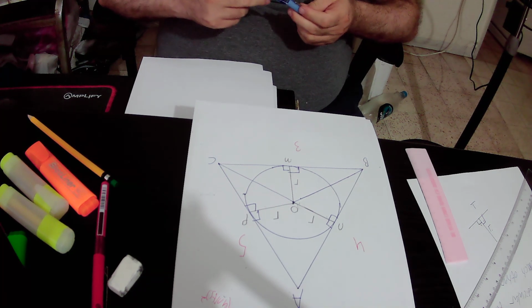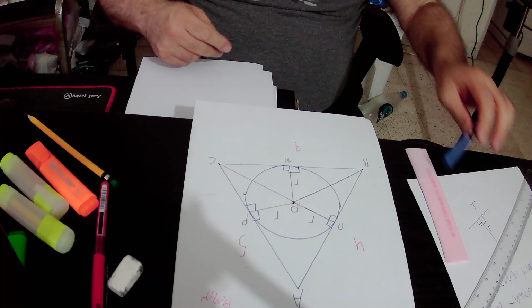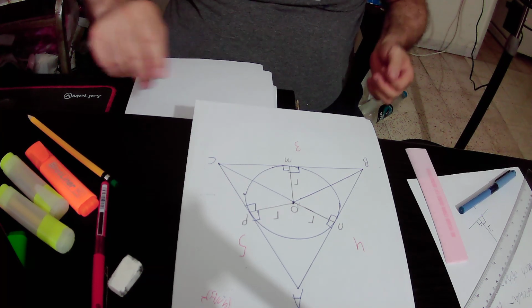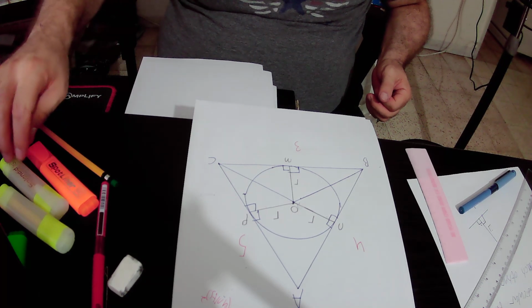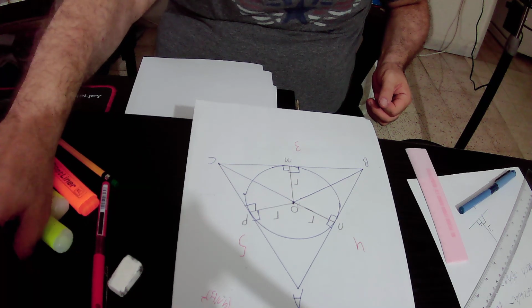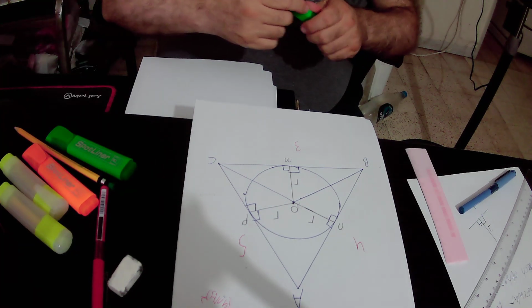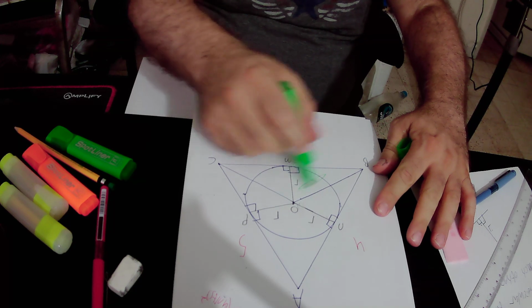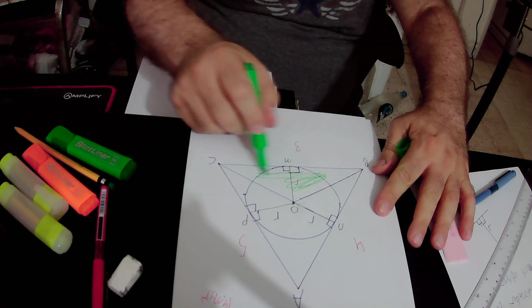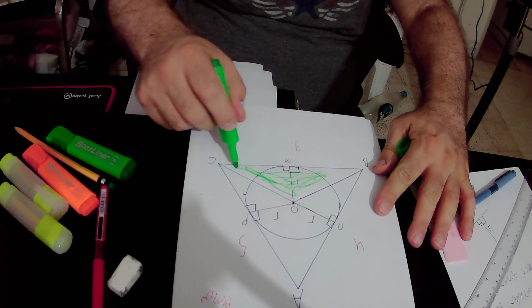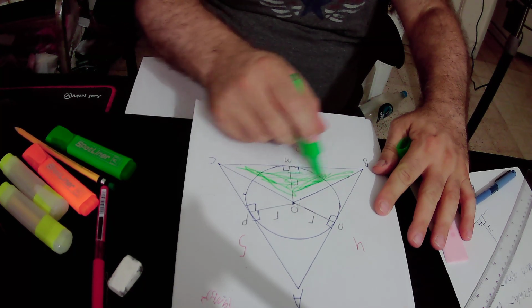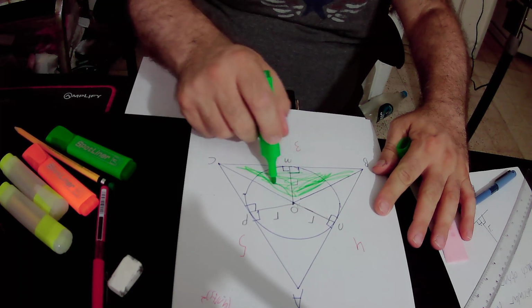And actually we created here triangle BOC. We have here triangle BOC. The green triangle is triangle BOC.